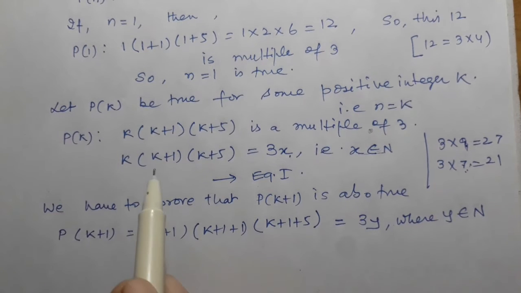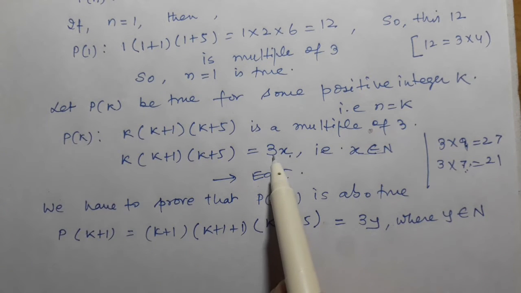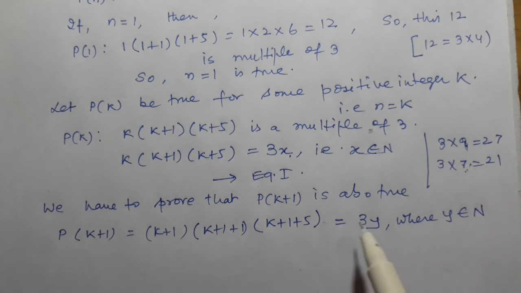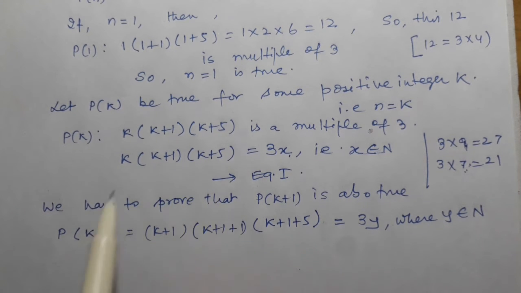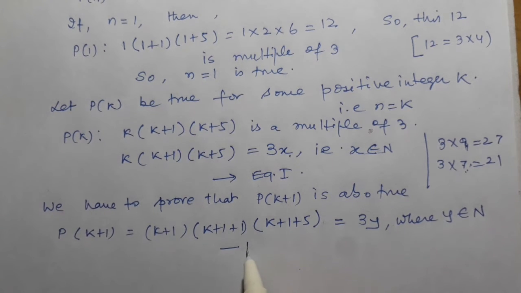Suppose this is 15, so here it will be 3 into 5. Suppose it is 18, it will be 3 into 6. So variables x and y will change according to the value of this LHS. Okay, this we shall take as equation 2.